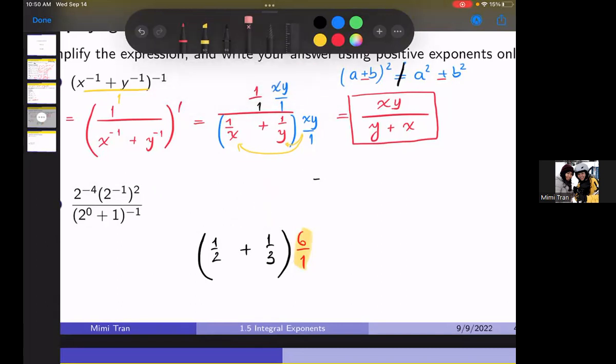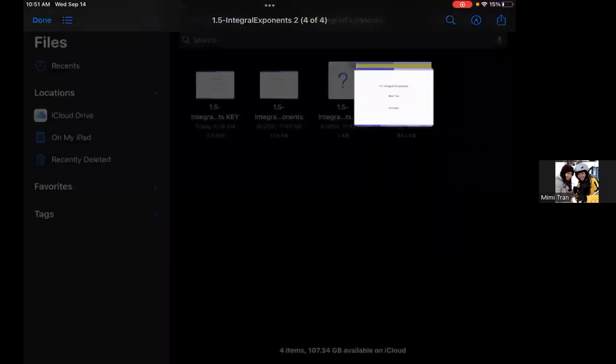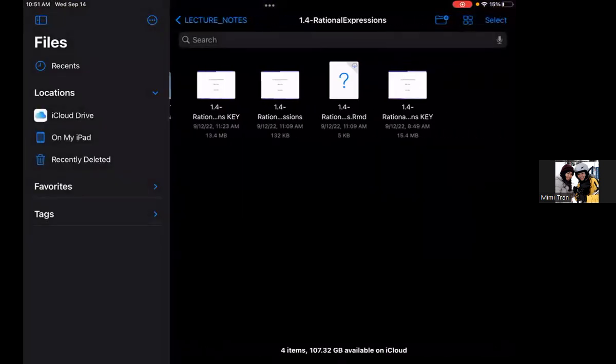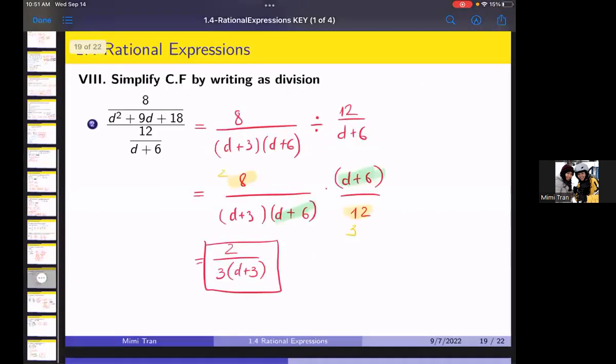You don't have to do what I do if you don't like this. I know that sometimes you guys don't like this method. Remember how many methods I showed you for the complex fraction? 2, right? Let me go back. Was it 1.4? Yeah, 1.4.